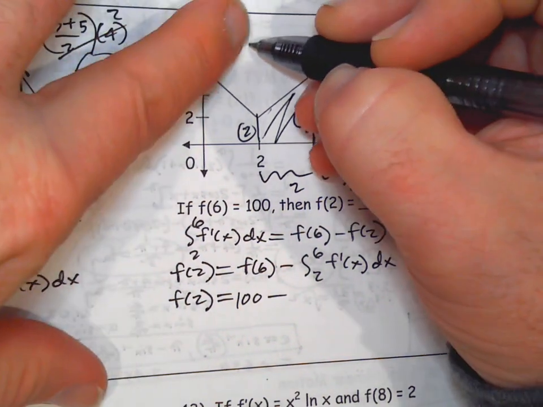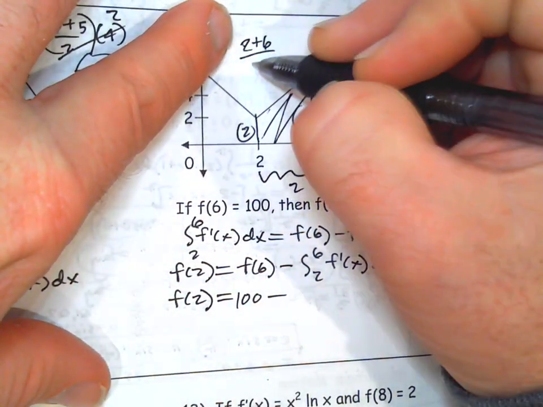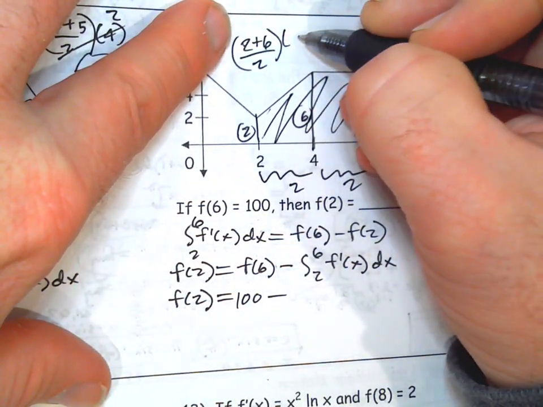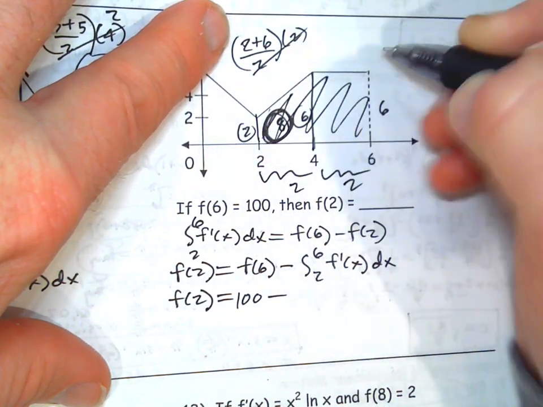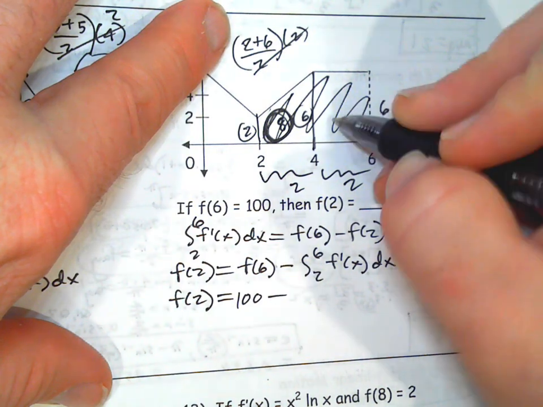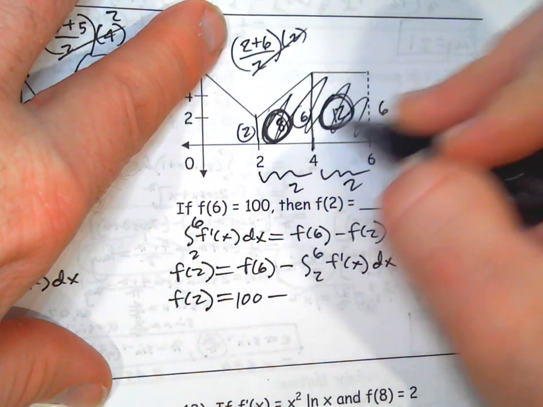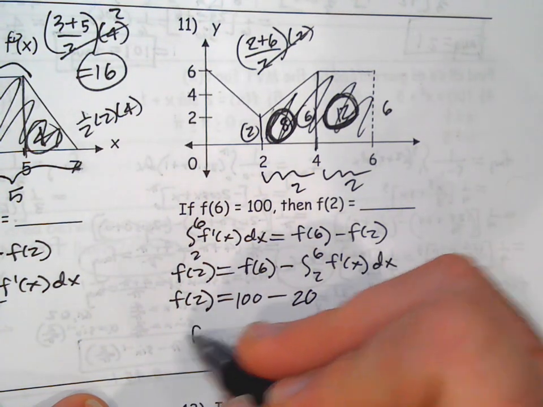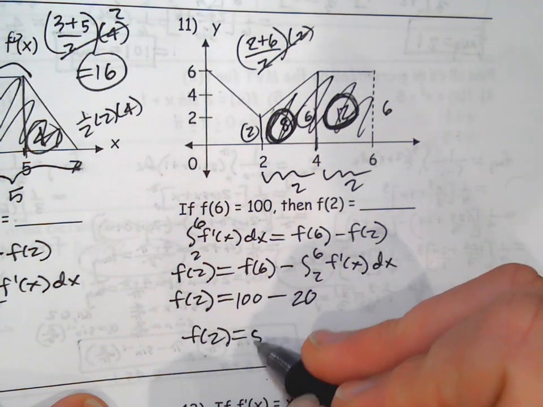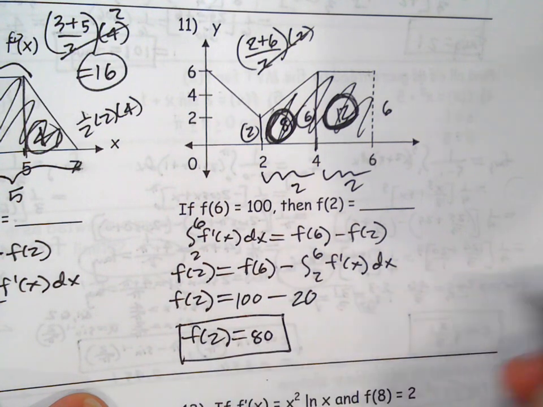The trapezoid is the average of the bases, add the bases, divide by 2, times the height, which is 2. So that's going to be 8. And this one is just a rectangle, 2 times 6 is 12. So that's going to be 20. So f of 2 equals 80.